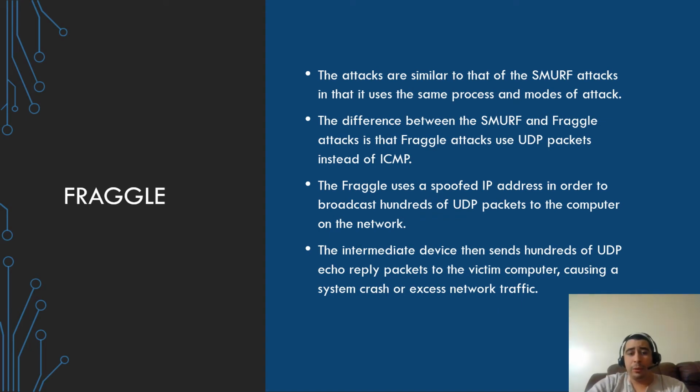Fraggle uses a spoofed IP address in order to broadcast hundreds of UDP packets to the computers on the network. The intermediate device then sends hundreds of UDP echo reply packets to the victim computer. At the very most, this will cause a system crash. At the very least, this will cause excess network traffic.